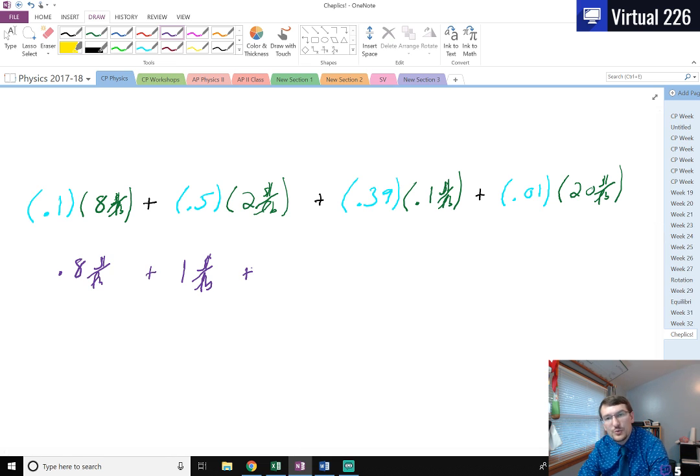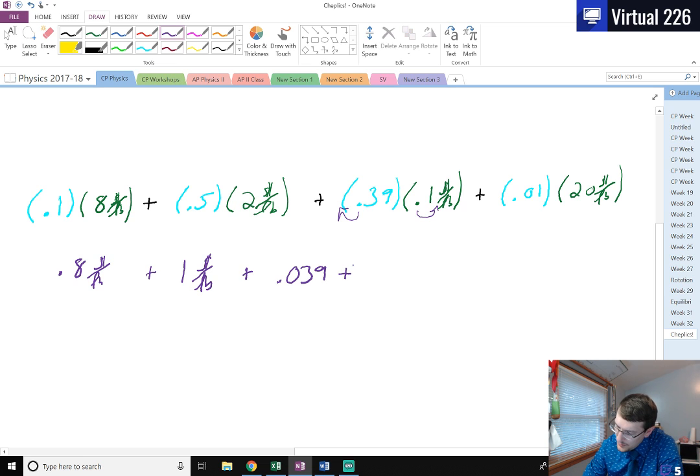Because we're multiplying two decimals, we know this is going to get smaller. Since this is multiplying by 0.1, the decimal shifts one place. So this is 0.039. And then plus 1% of 20, well, that's 2 for the decimal there. So that's just 0.2.